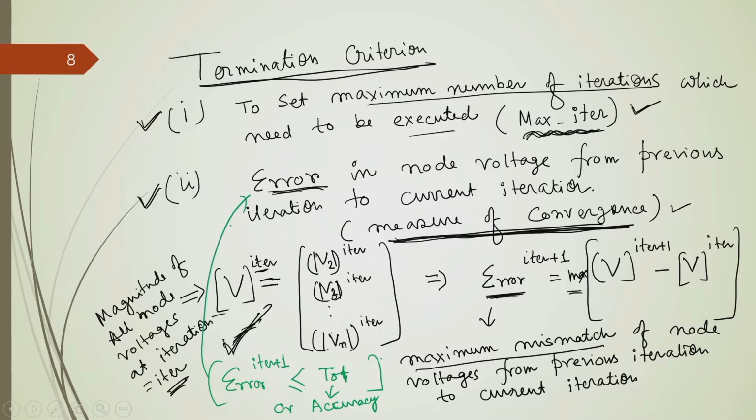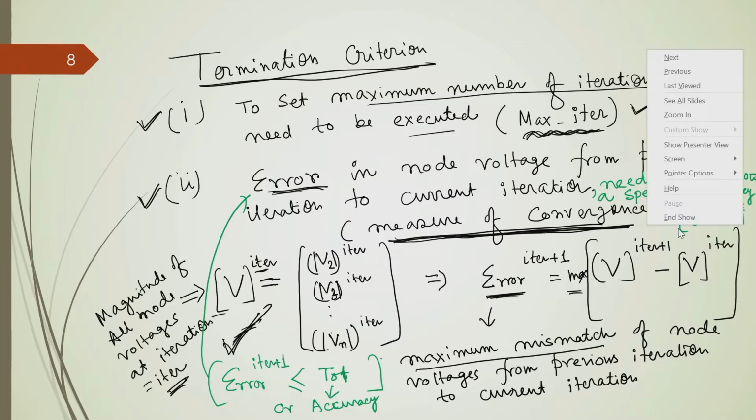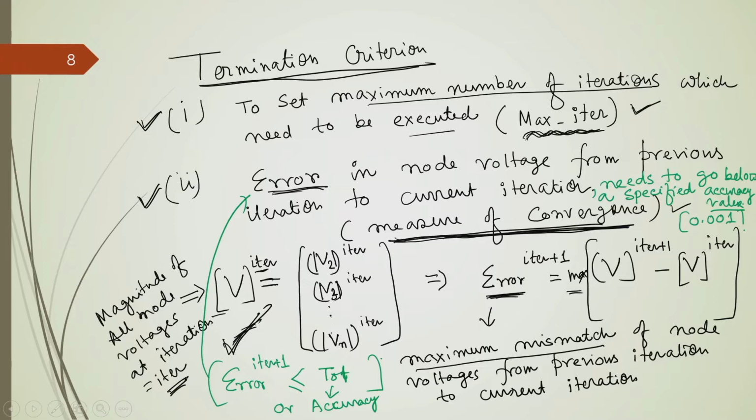So, this error in the node voltage from previous iteration to current iteration needs to go below a specified accuracy value. This accuracy value you can set as 0.001 or 0.301 or 0.201, that is up to you.